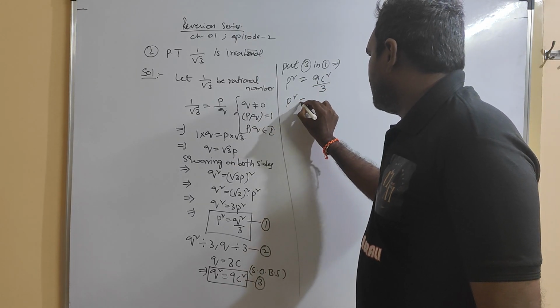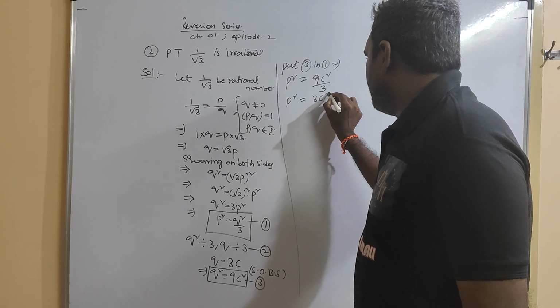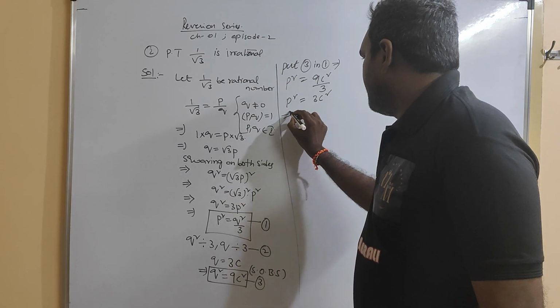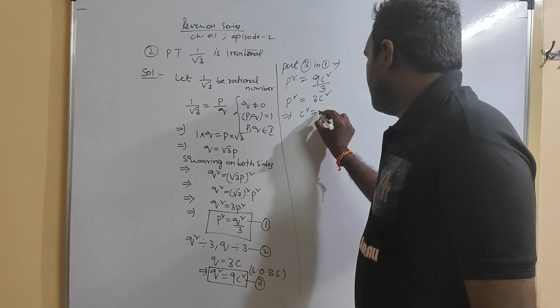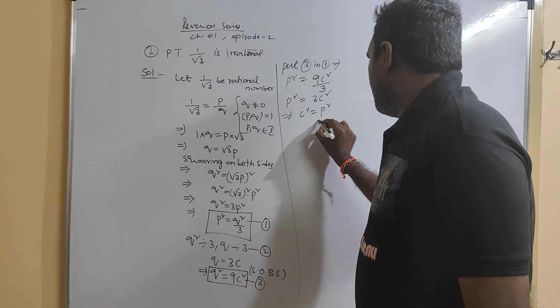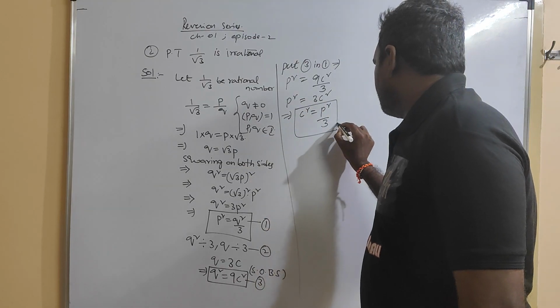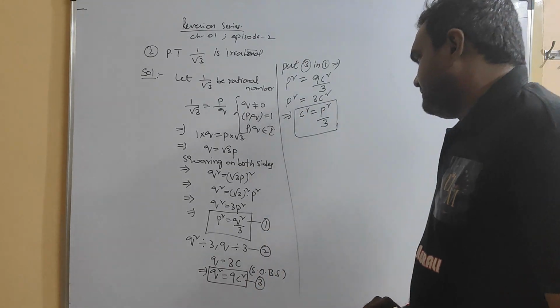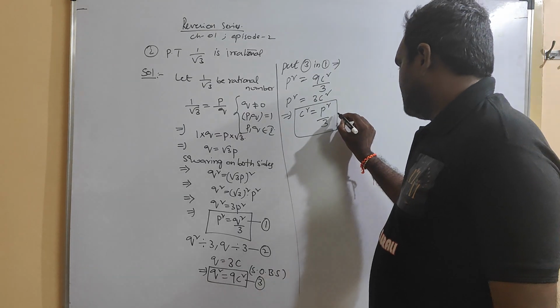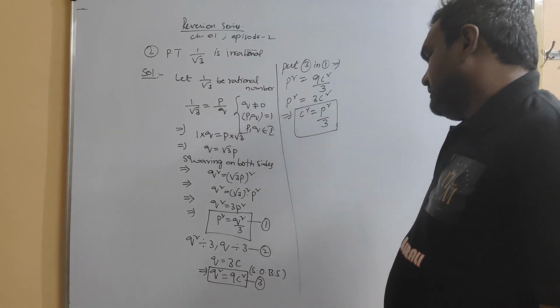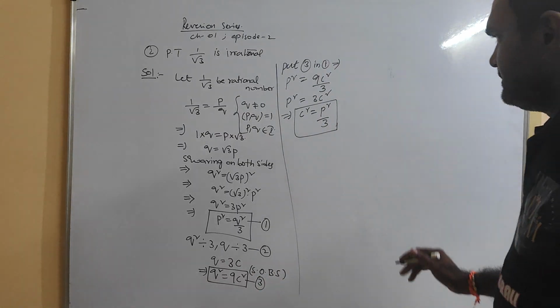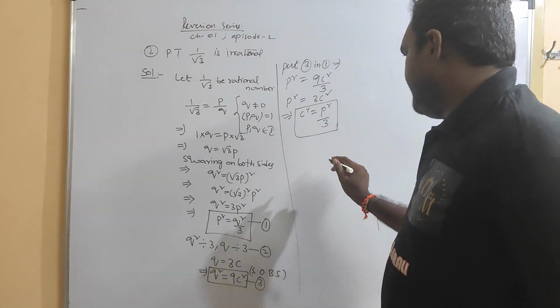P square is equal to 3c square. This implies c square is equal to p square by 3. Clear? No need of making an equation here.